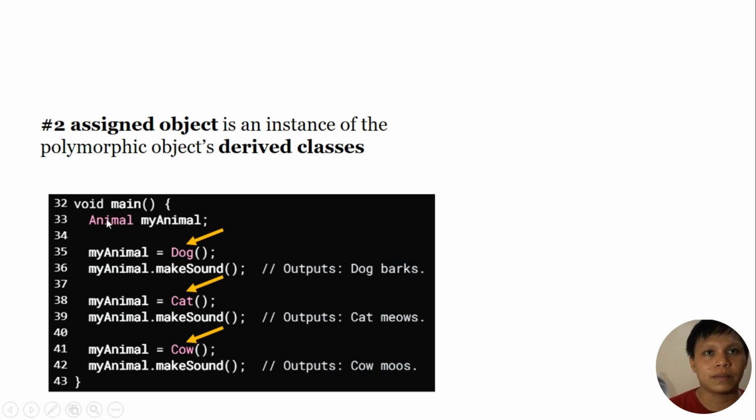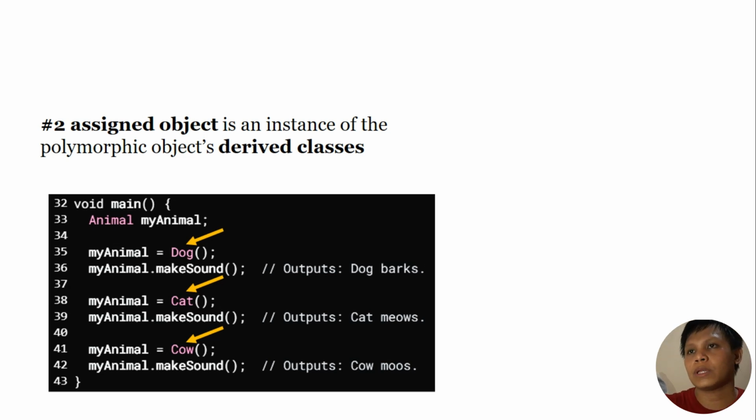Diba? Animal. And so, dapat yung mga objects nito na in-assign, line 35, line 38, line 41, the Dog, the Cat class, and Cow, this should be a derived class of the Animal class. Yan yung ibig sabihin niyan.